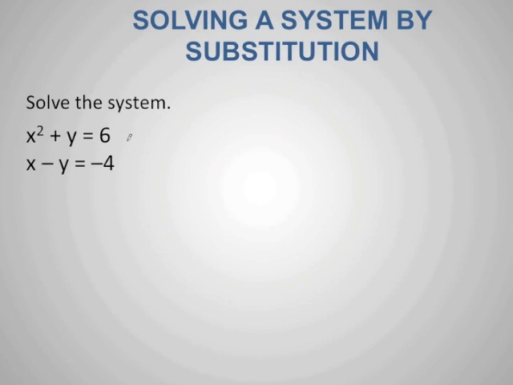What I can do here is just solve. I'm going to take the top equation and solve it for y. Say y equals negative x squared plus 6. And in place of the y in this equation, I'm going to put negative x squared plus 6. So x minus (negative x squared plus 6) equals negative 4.